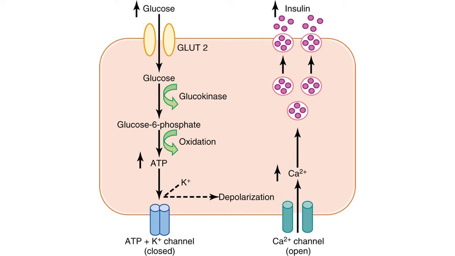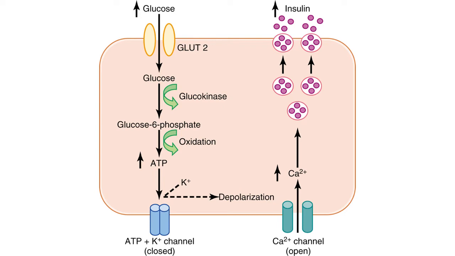Glucose will then undergo glycolysis, so it will be acted upon by glucokinase, which again is active only at high levels of glucose. Glucose, through the action of glucokinase, adds a phosphate. It will then form glucose 6-phosphate.